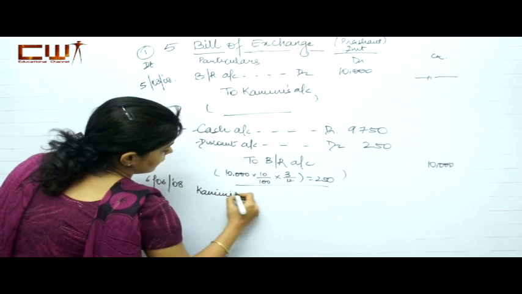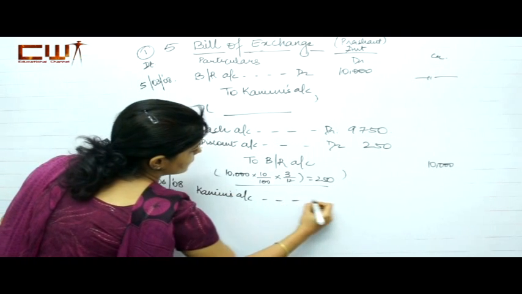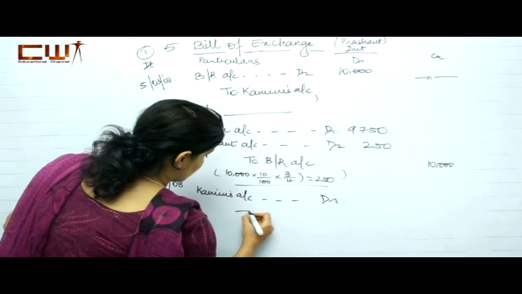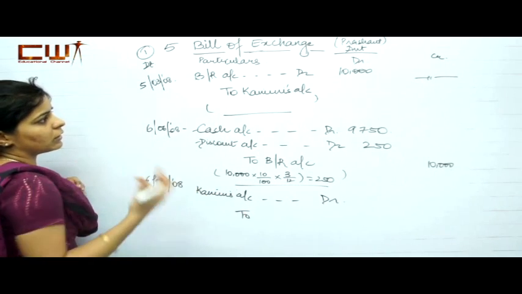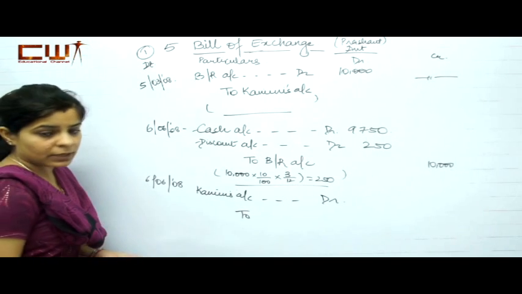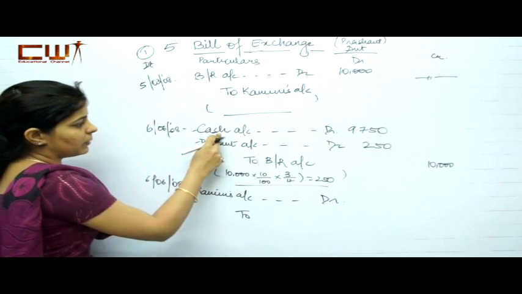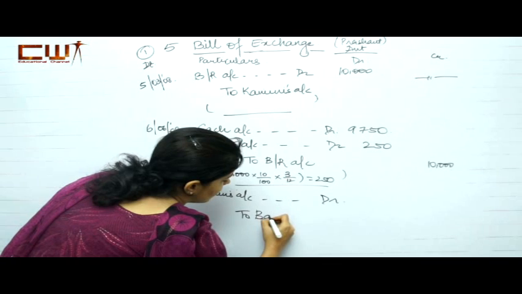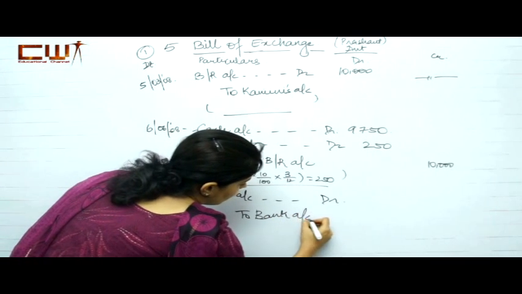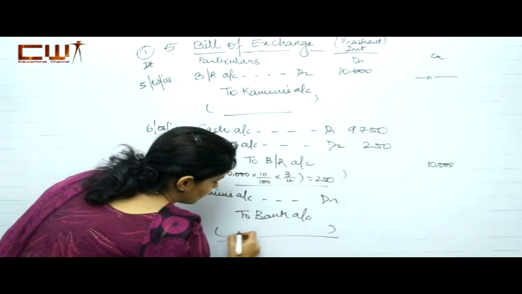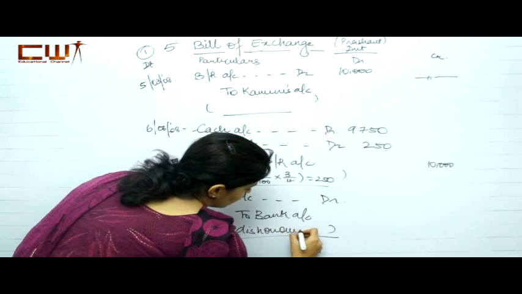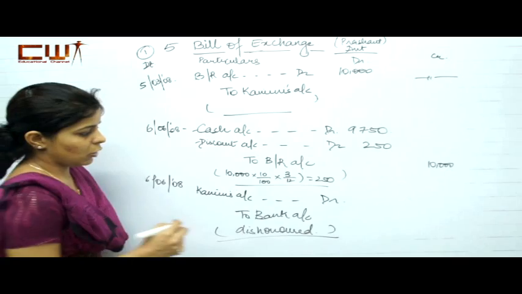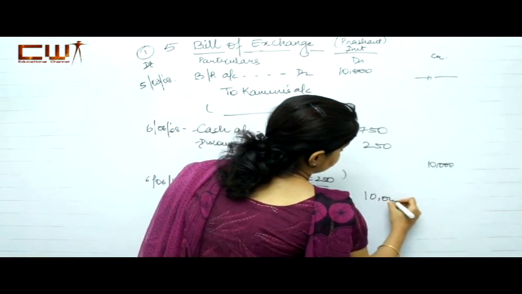Kamini's account is debited, bills receivable account is credited because it is dishonored. Now bills receivable is not there. With whom is the bills receivable? With the bank. So you will write the bank account. You are doing the entry for the bill dishonored. How much? 10,000.